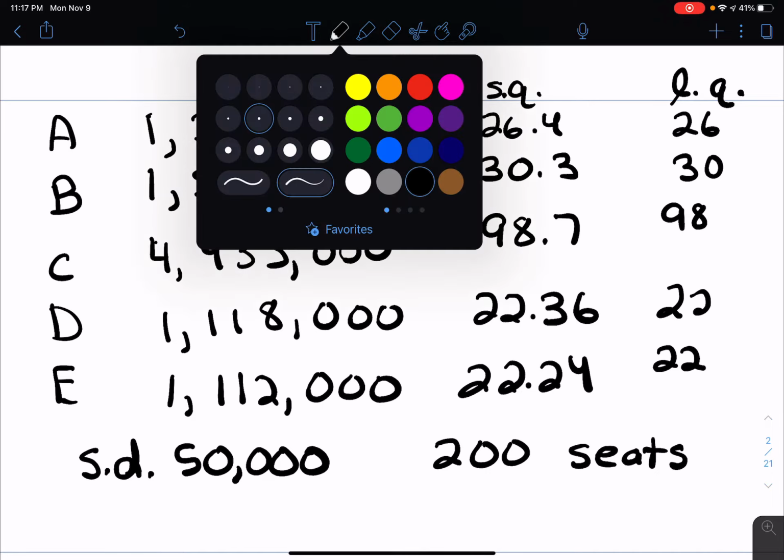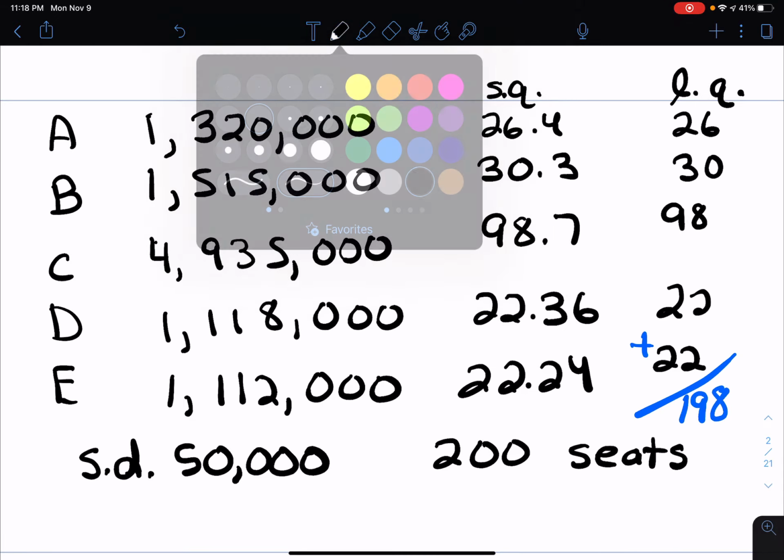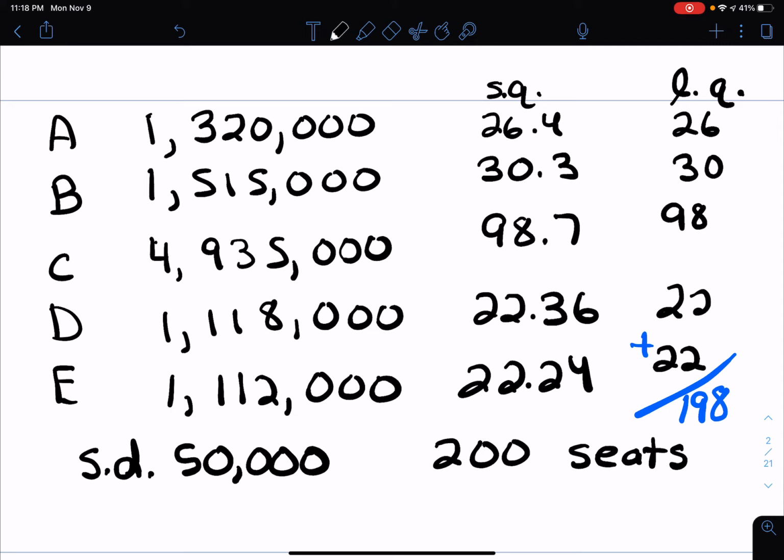But when you add those up, what do you get? That's the key. You get 198, so you come up too short. If we were doing a different method of apportionment, like Hamilton's method, we'd have to figure out how to hand out extras. But that's not what we're doing here.